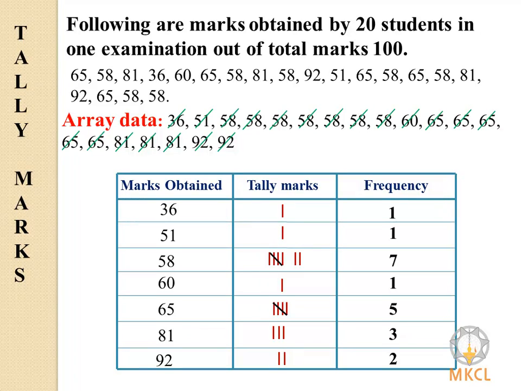So we take each observation from the data one at a time and mark a vertical line called a tally mark in the next column opposite to the particular value of observation. For convenience, we write tally marks in bunches of 5, the fifth one crossing the 4 diagonally, as shown with the black color. The number of tally marks opposite to a particular value of observation is its frequency.